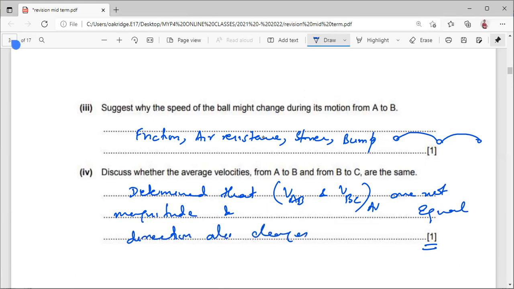Why should I highlight direction? Because you read here, average velocity. It is not talking about average speed. By some chance, if you have spoken about average speeds and these are equal, then you can just write like that. But let us say average speeds were equal, but still he has asked about average velocities. Still you can say that the magnitude might be the same, but the direction is changing. Direction is also changing. See, both the points are very important for this 1 mark.